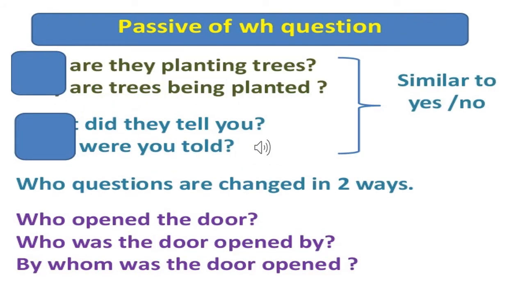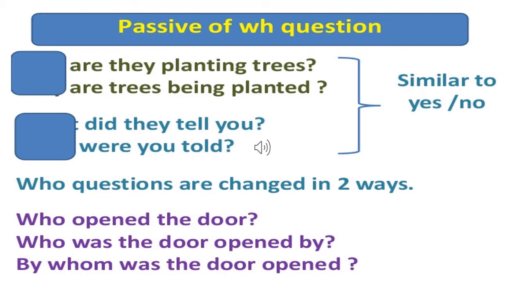There are two ways in which we can change the who question in the active voice to the passive voice. For example, who opened the door? This sentence in the who question form is in the active voice. The answer to this sentence in the passive voice can be written in two ways.